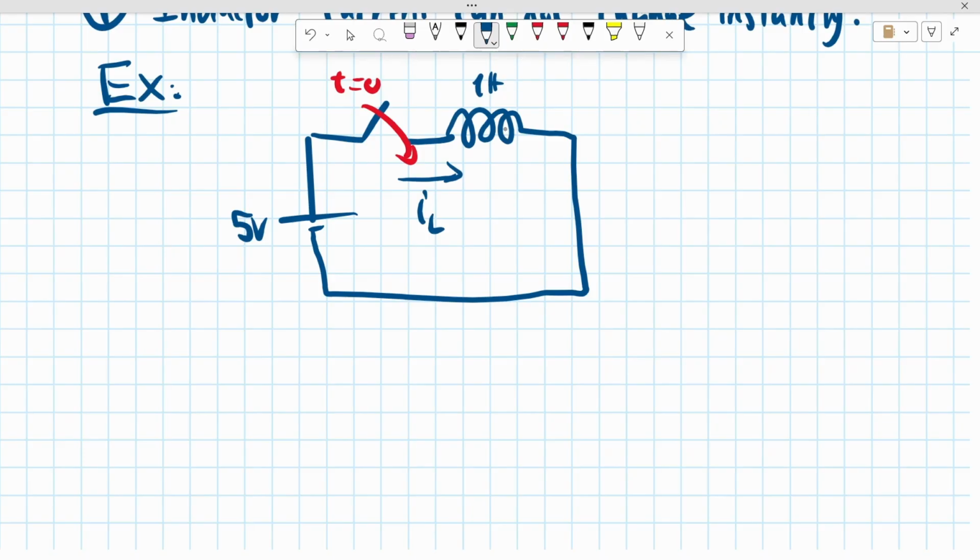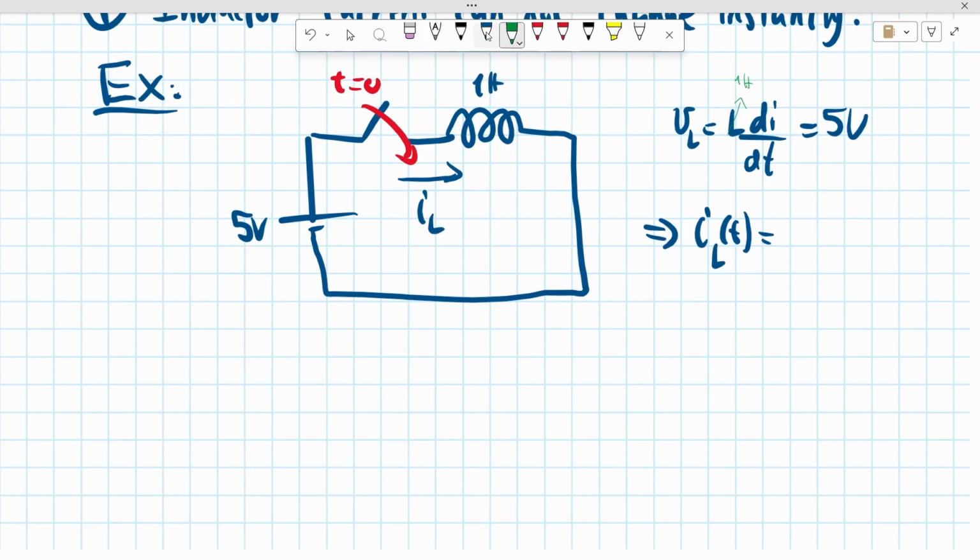The current would be, since VL equals L di/dt, and V equals 5 volts, this means that the current across the inductor is equal to, this L is equal to 1, right? So the current inside this inductor will be 5 times t plus some constant, which is the initial value of current.